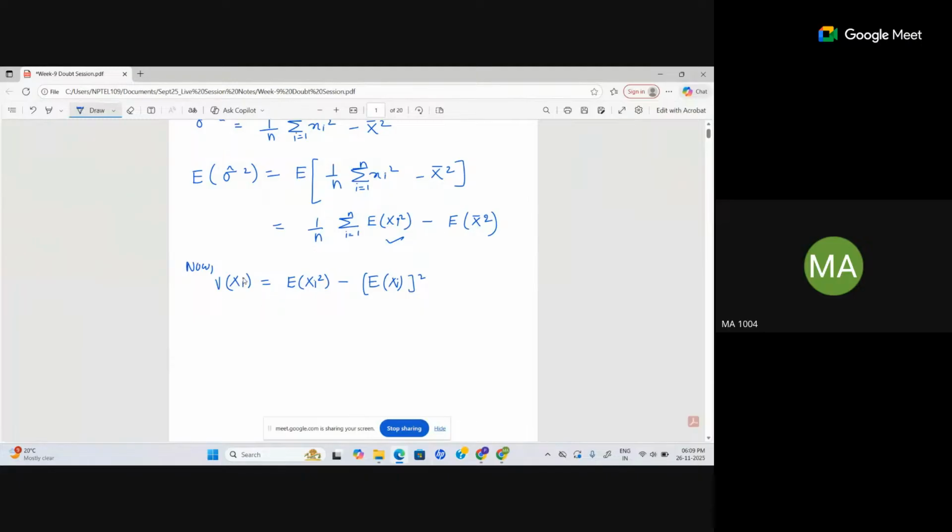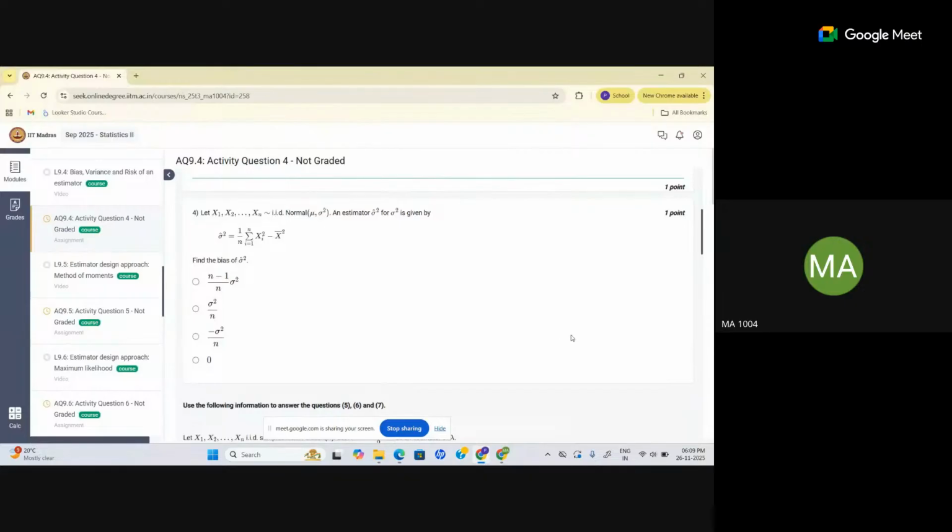Okay, now we can put the value. So what is the variance of xi here? Just see the question. All these xi's, x1, x2 up to xn, are following IID normal with mu comma sigma square.